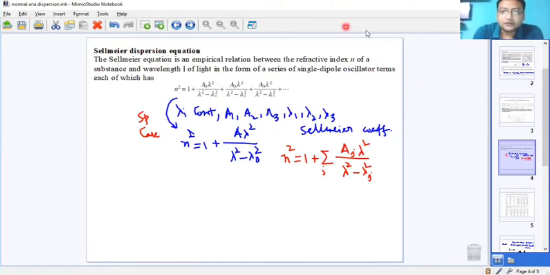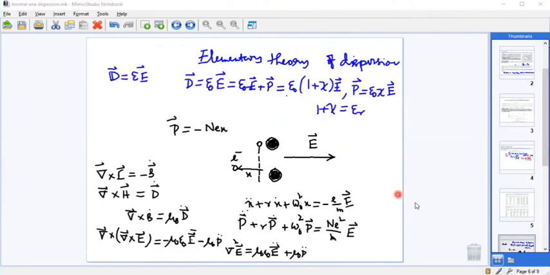Going to the quick details of the elementary theory of dispersion, which concerns the effect of dispersion when an electromagnetic field is incident on a dielectric.